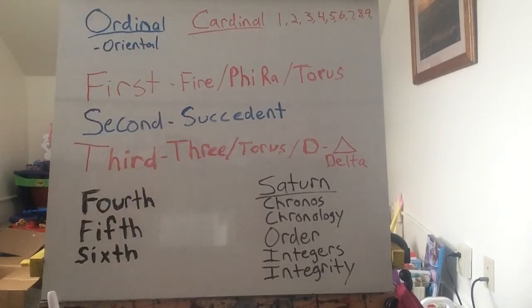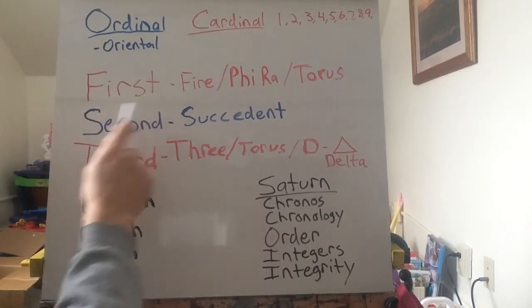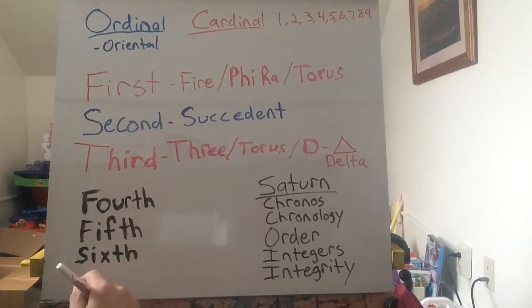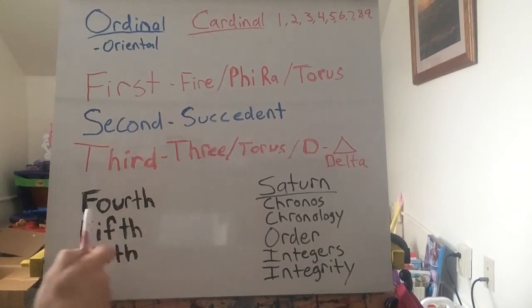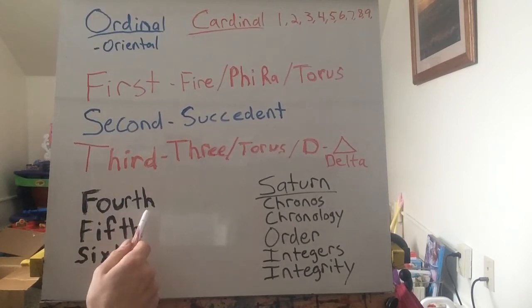of ordinal numbers. And now I'm just going to look at the words first, second, and third first. Basically the rest of the ordinal numbers are just the word of the number with the th at the end.